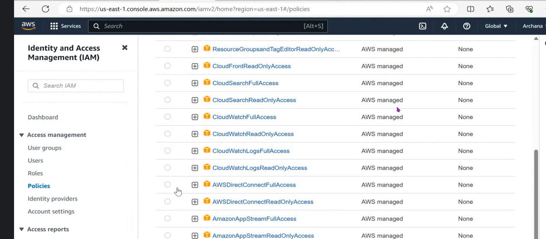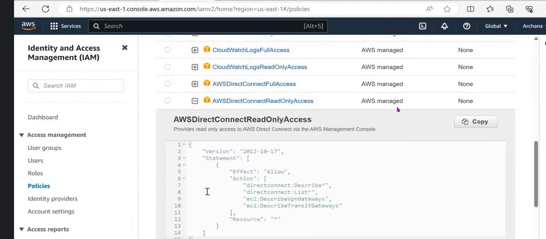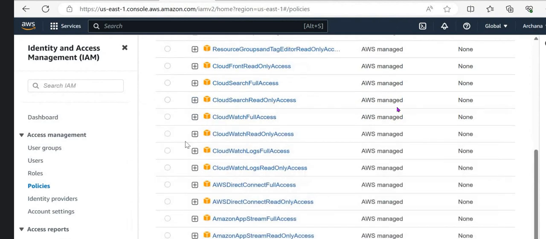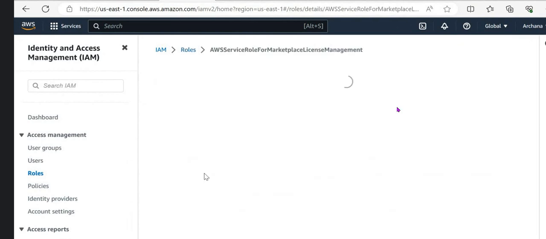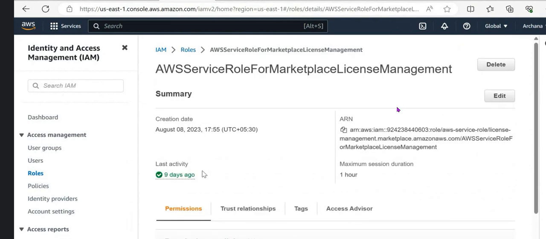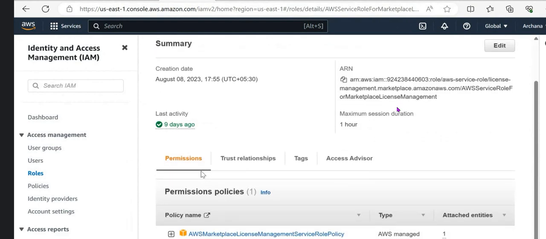That's what I'm saying. Sometimes policy is mixed up with permission. So here, if you see, policy and permission are almost similar. All the policies are the permission. You don't have something separate called permission in this. Okay, these are the permissions.